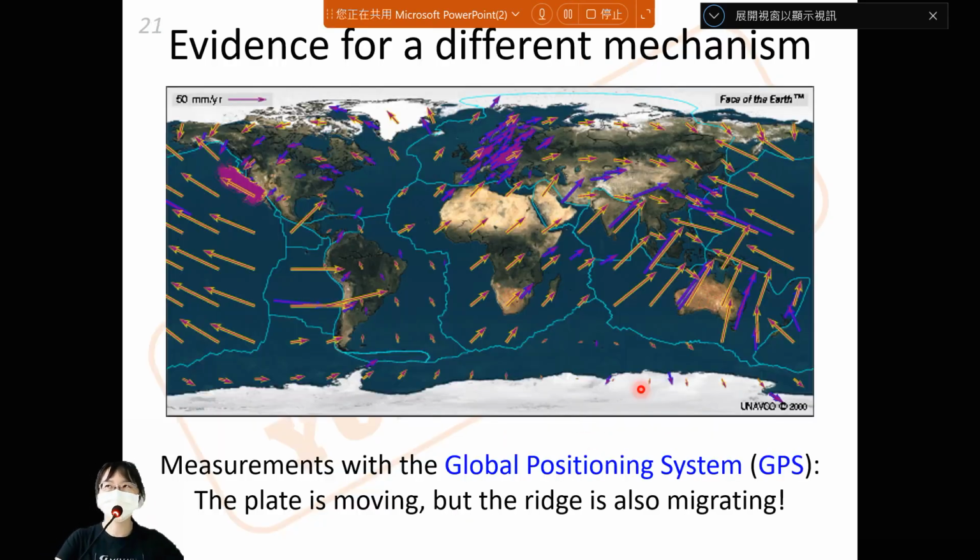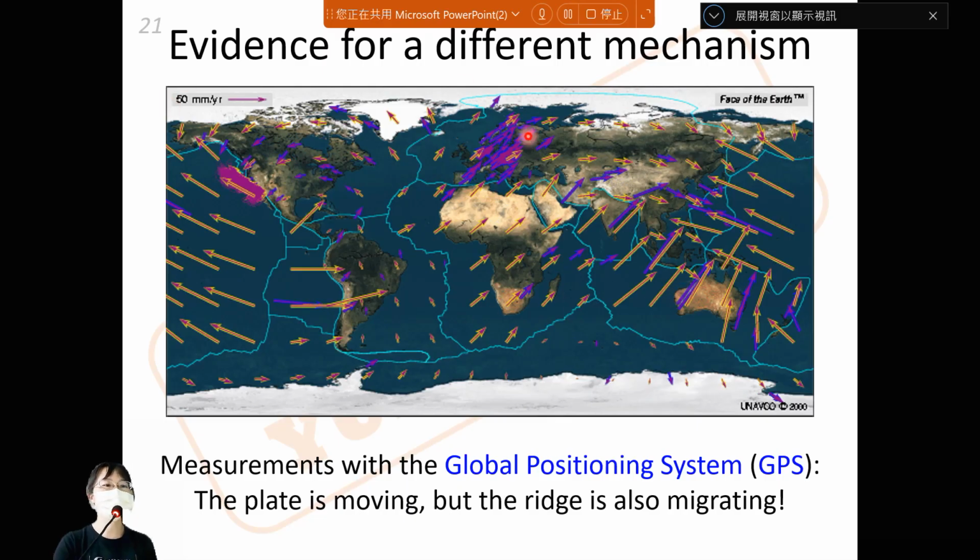There is another piece of evidence. In the 20th century, humans started to send a lot of GPS satellites into space. It is now a very popular method to monitor the motion of the Earth. In Academia Sinica, there is a group who set up a lot of GPS stations in Taiwan to monitor the motion of the ground.